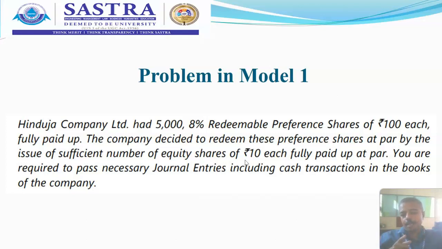But here it specifically says Hinduja Company Limited had 5,000 8% preference shares. They already had them. So now we need the entries only for the issue of equity shares and then the redemption of existing preference shares.